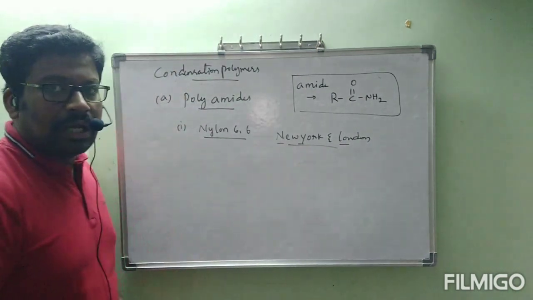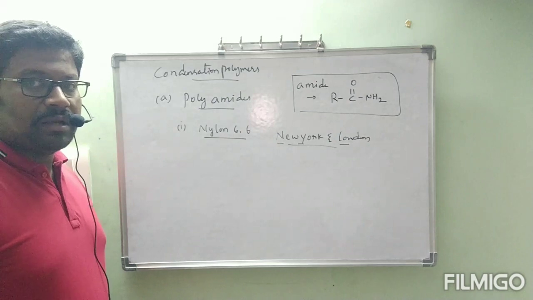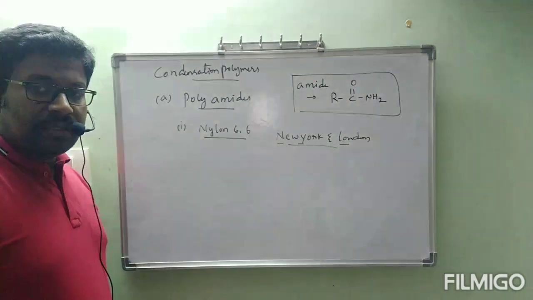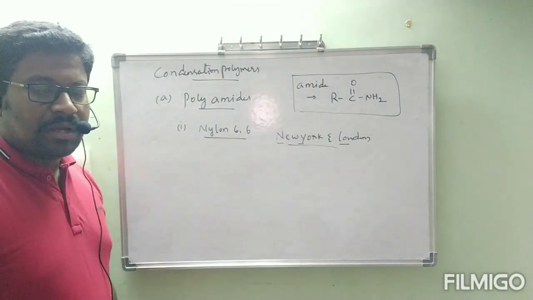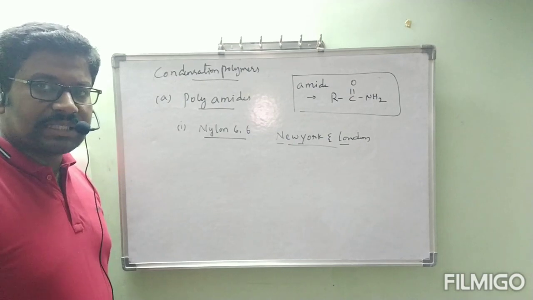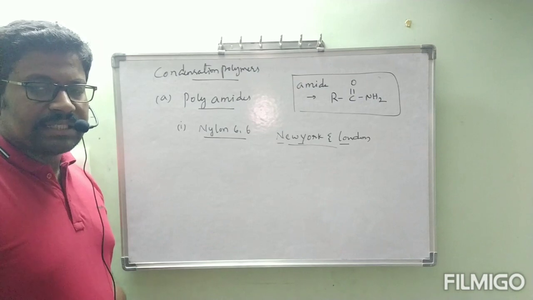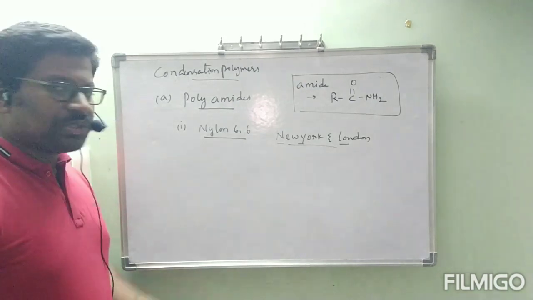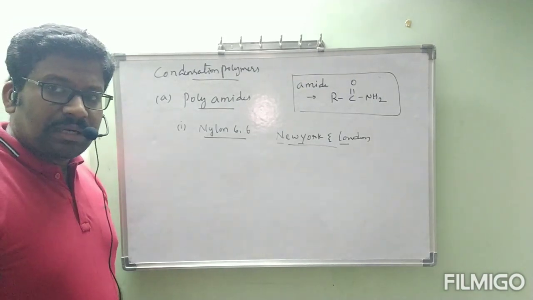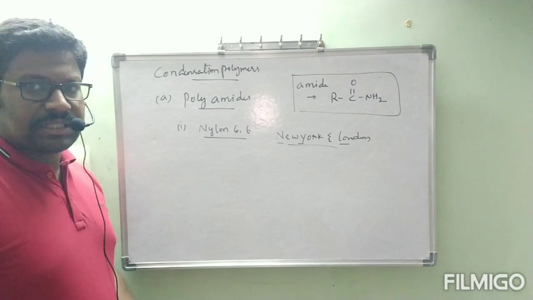NY-LON, nylon. In that way, it got the name nylon. 6,6 is representing that it has two monomers, and those two monomers have 6 carbon atoms. Okay, like that we can remember. Immediately you will get the 6,6 idea. It has two monomers, and each monomer contains 6 carbon atoms.